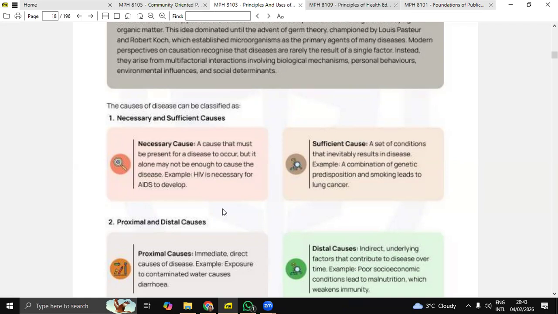The example they gave us here is somebody who already has a genetic predisposition to developing lung cancer, and then you decide to smoke. Those two things are like sufficient cause; when this one is there and the other one is there, together, they are sufficient. They will cause the disease.